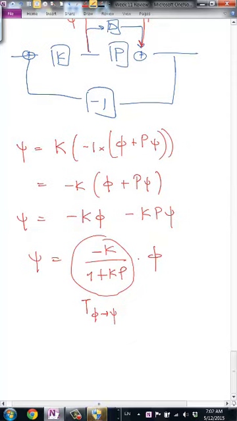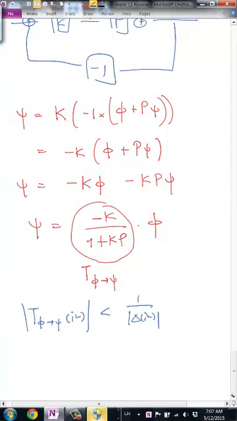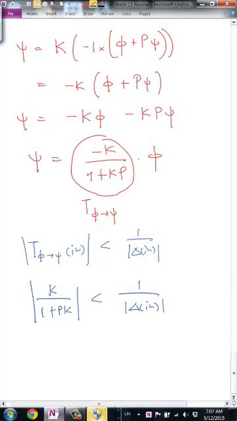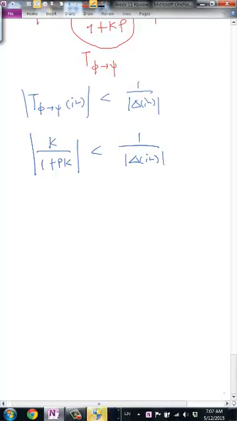What does small gain tell me? It tells me that T from phi to psi should be less than 1 over delta, and this is exactly what we had before. K over 1 plus PK is less than 1 over delta. Or, if we want, we can rewrite this in any of the ways we saw above. But this is just as we had above.